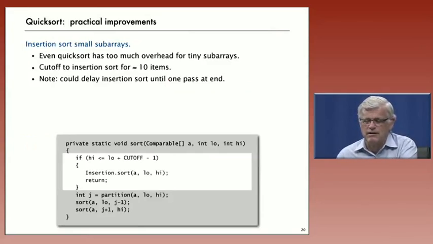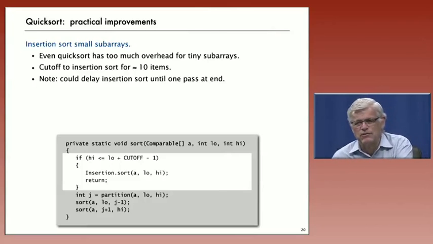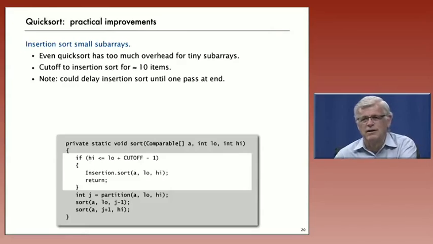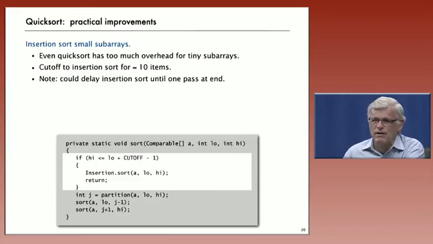So what about in practice? This is our fastest sorting algorithm, and there are a few ways to make it even faster. We looked at some similar things with merge sort, and it's definitely worthwhile implementing for quicksort. First thing is small subarrays. Even quicksort has more overhead than you want for a tiny array of size 2, 3, or 4.